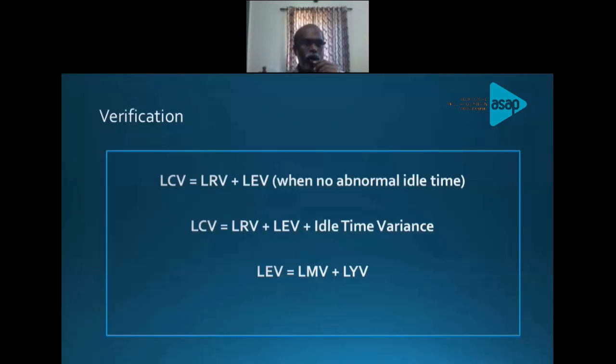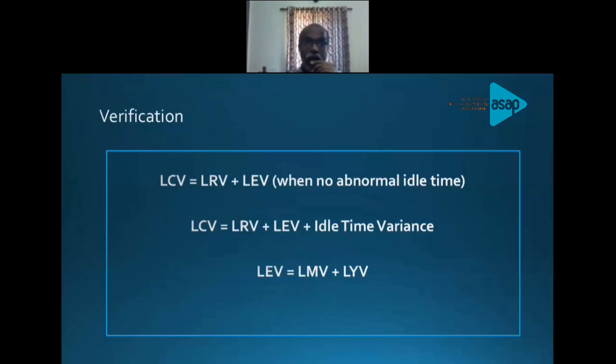Similarly, here also labor cost variance is equal to labor rate variance plus labor efficiency variance. When there is abnormal idle time, the equation is modified: labor rate variance plus labor efficiency variance plus labor idle time variance. And labor efficiency variance is equal to labor mix variance and labor yield variance.